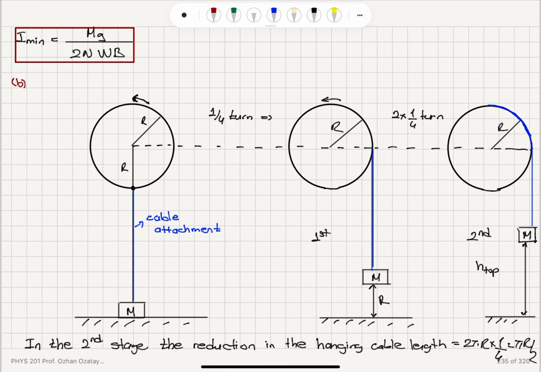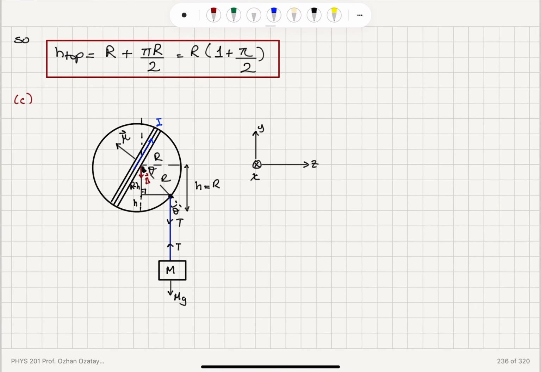When h goes beyond r, it starts wrapping around, and when I reach the half turn, it's going to be a decrease in the length of the hanging cable by 2 pi r divided by 4, which is pi r over 2, so that the new h value from the ground will be capital R plus 2 pi r over 4, which will give me capital R times 1 plus pi over 2.